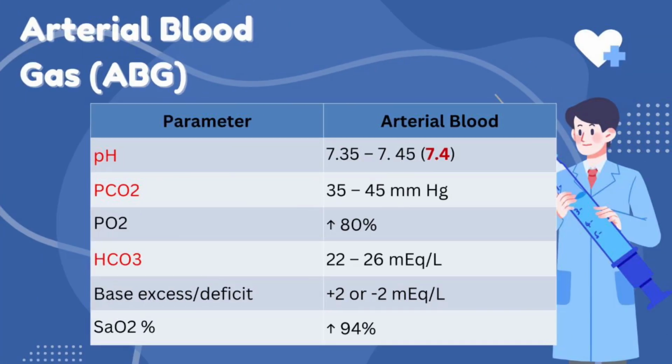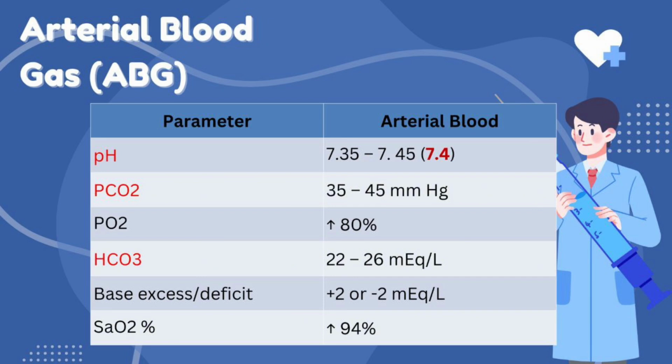As you can see, the normal ABG values: first is the pH. pH is equivalent to 7.35 to 7.45. The partial pressure of carbon dioxide is equivalent to 35 to 45 mmHg.